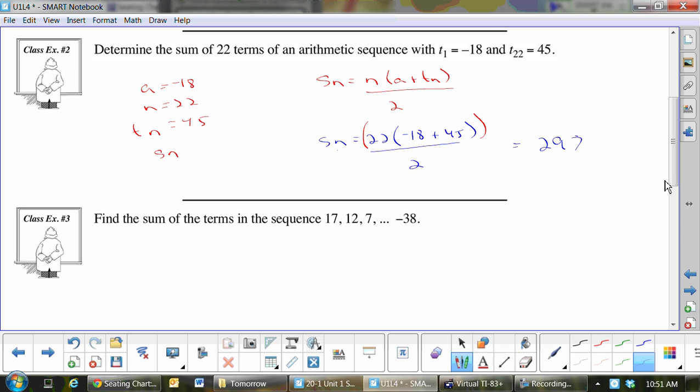Okay, number 3. Find the sum of the terms of this sequence. Now again, I know this sounds like pretty weak advice, but don't go looking for something you already have, and go looking for something after you've found you need it.